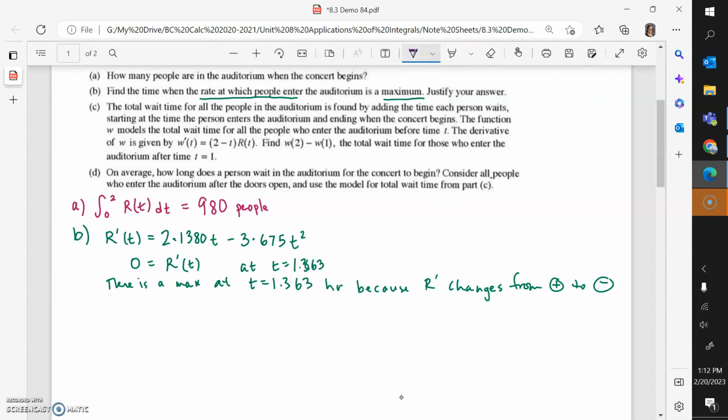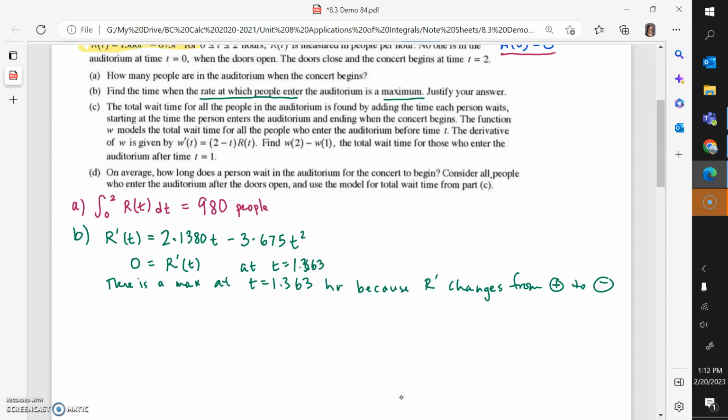Part C says the total wait time for all the people in the auditorium is found by adding the time each person waits, starting at the time the person enters the auditorium and ending when the concert begins. The function W models the total wait time for all the people who enter the auditorium before time t. The derivative of W is given by W prime of t. Find W of 2 minus W of 1, the total wait time for those who enter the auditorium after t equals 1.